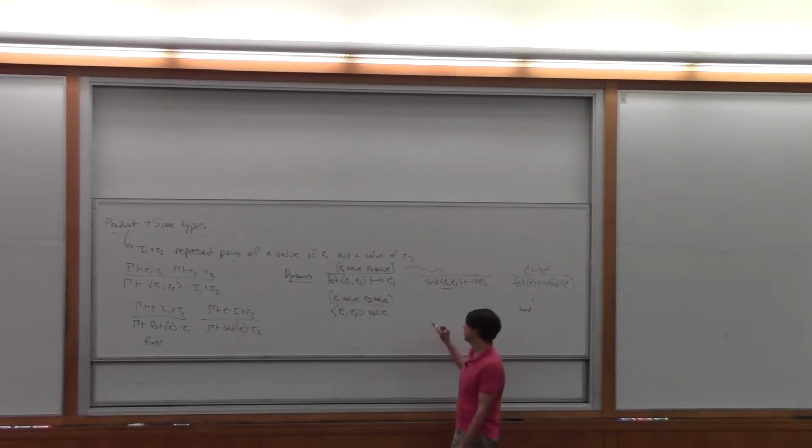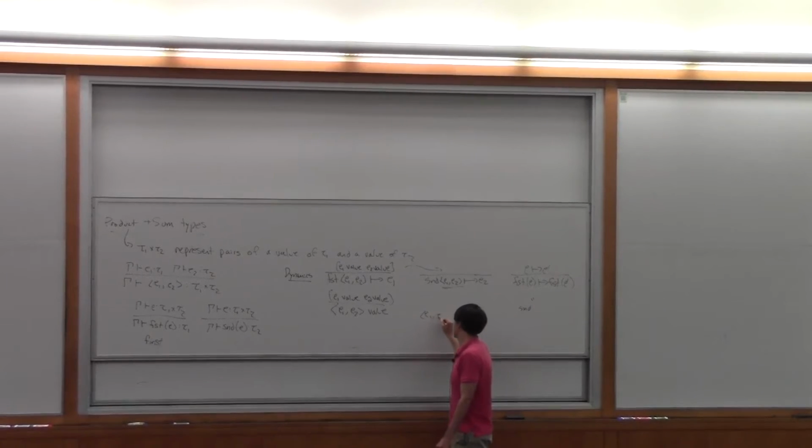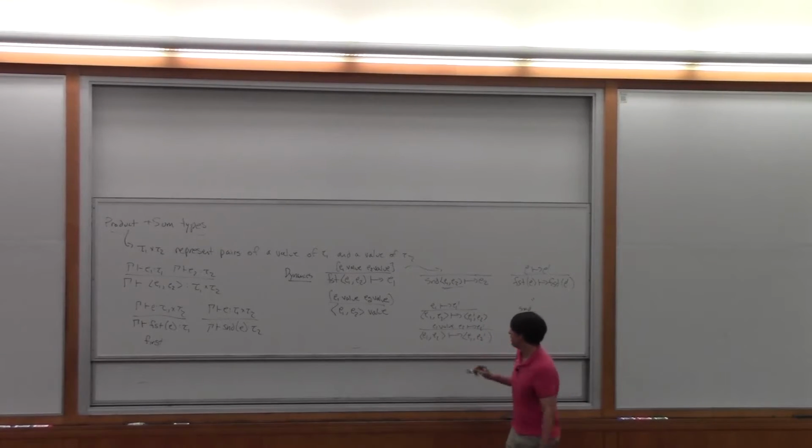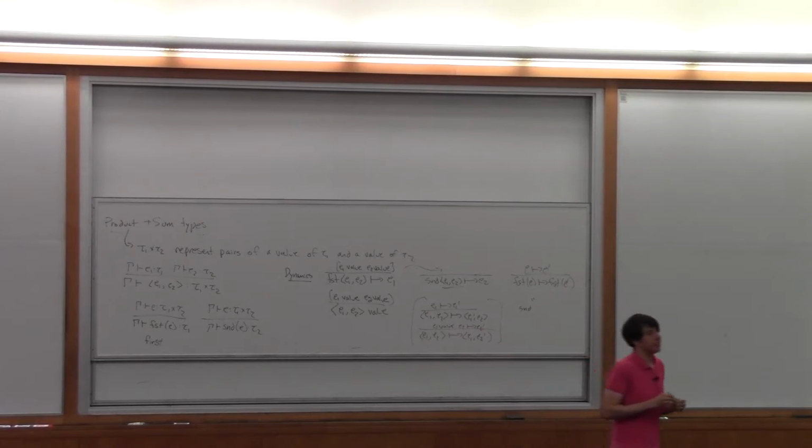We need to step the first part of the pair. E1, E2 steps to E1 prime, E2 if E1 steps to E1 prime, and E1, E2 steps to E1, E2 prime if E1 is a value and E2 steps to E2 prime.